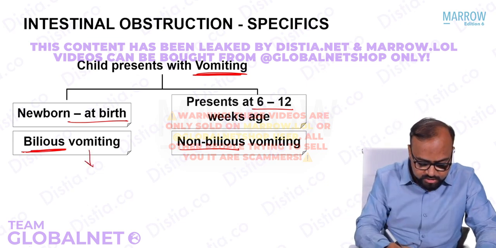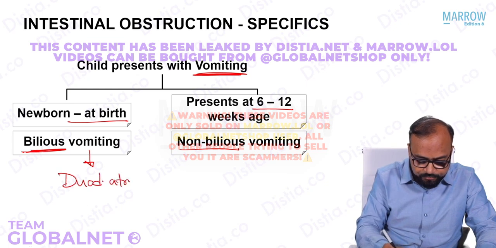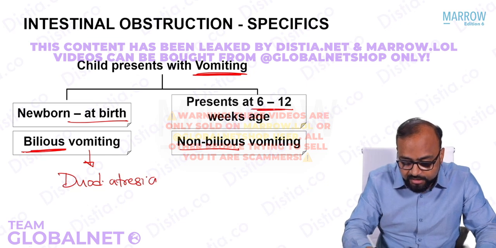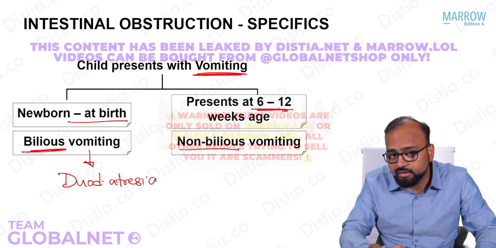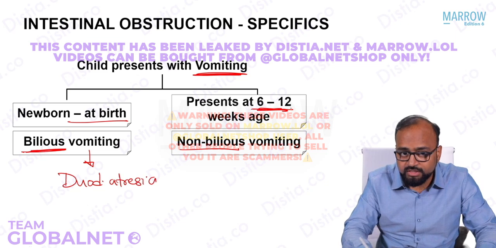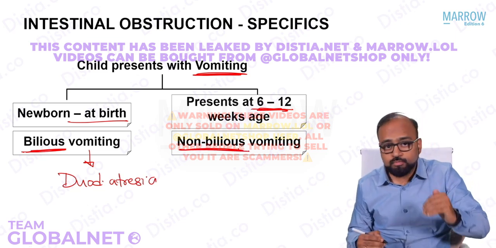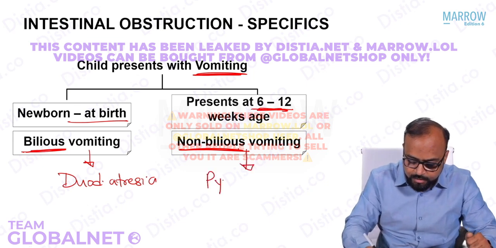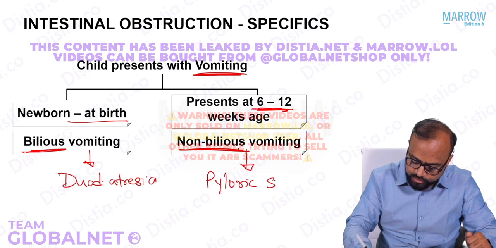So this suggests duodenal atresia, right? Whereas if it presents late, not immediately at birth, after around 6 to 12 weeks, with non-bilious vomiting, which means that the obstruction is proximal to the second part of duodenum, this suggests pyloric stenosis.